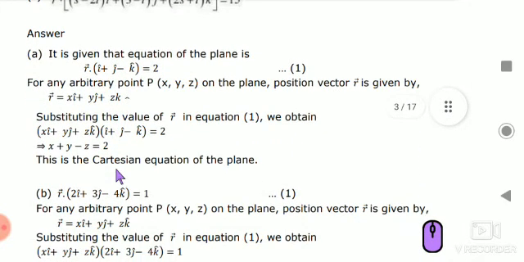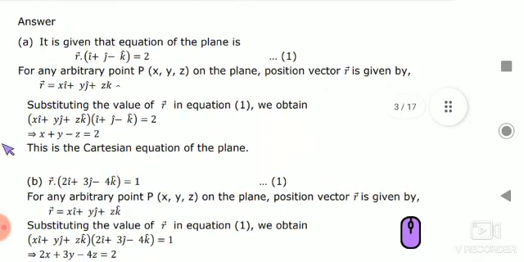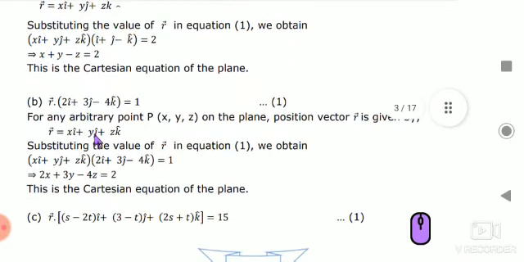By taking the dot product between these two, as we know that the dot product between the same unit vector is always 1, we get x into 1 plus y into 1 plus z into minus 1, that gives x plus y minus z is equal to 2. This represents the Cartesian equation of the given plane.